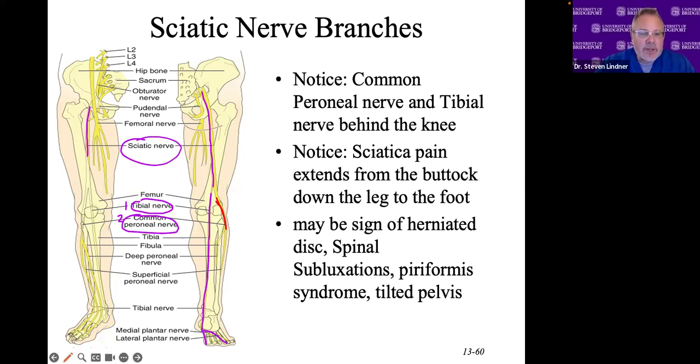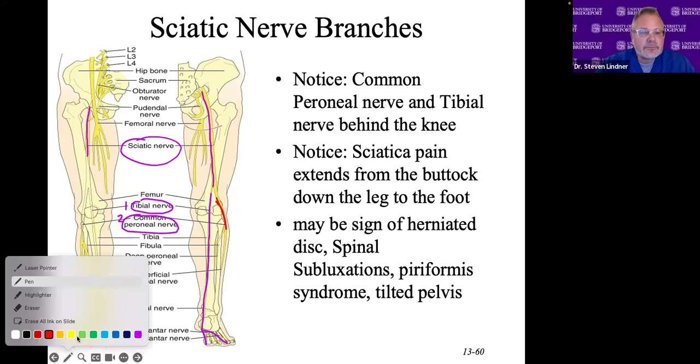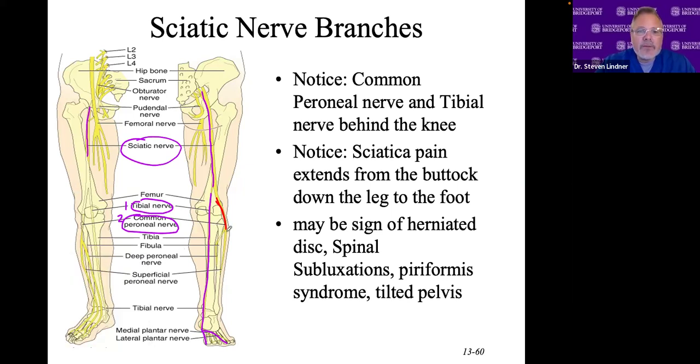And I'll change the color again. We'll turn this black here. We have one that stays out here, and then one that goes this way. The one that stays outside superficially is the superficial peroneal nerve.